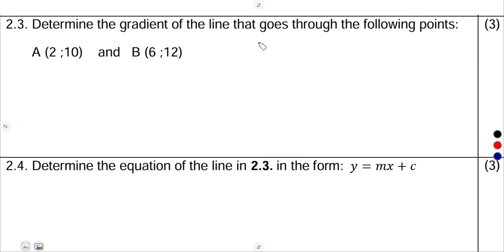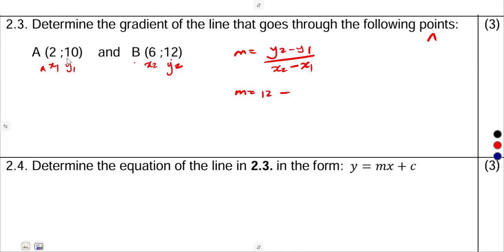Determine the gradient of the line that goes through the following points given, A and B. Remember the gradient of a line is the change in y over the change in x. All right, y2 minus y1 over x2 minus x1. So I can just label this x1, y1, x2, y2. So that's m as our gradient. Y2, that's 12, minus y1, which is 10, over x2, which is 6, minus x1, which is 2.